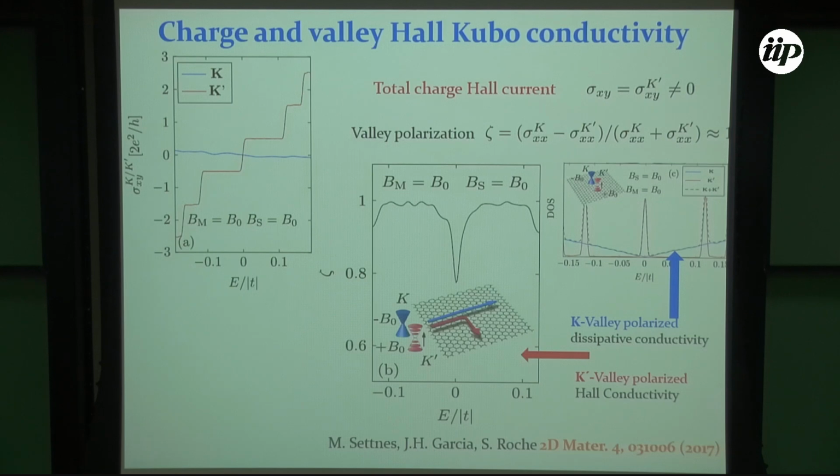So it's a kind of very funny story, but I think that it's maybe also a generic way to engineer some quantum valley Hall effect, because otherwise it's not observable. It cannot be measured if you don't break time reversal symmetry. So actually, we also showed in this paper that this result was quite robust to additional disorder superimposed on the system.